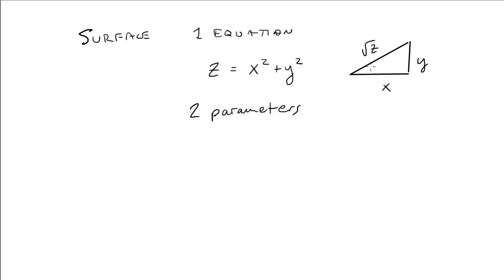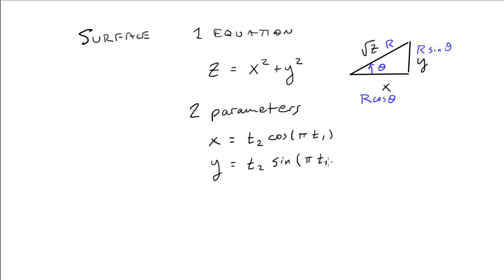Every right triangle is similar to the sine-cosine triangle, and I can use r and theta as parameters. Or in this case, I'll use t2 and pi t1. Doesn't matter the names.